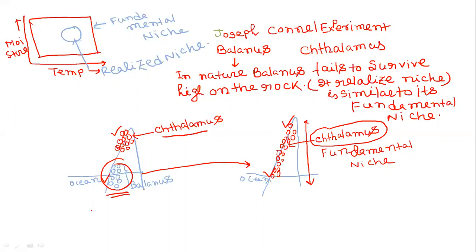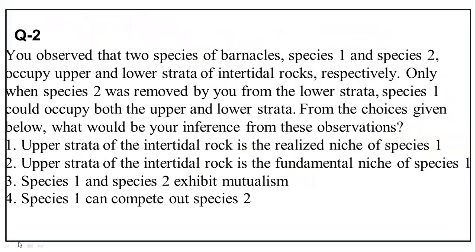So now you can see the question. You observe that two species of barnacle, species 1 and species 2, occupy upper and lower strata.